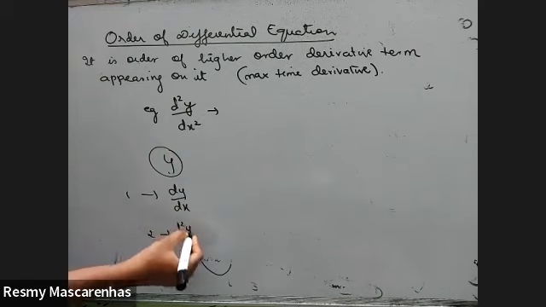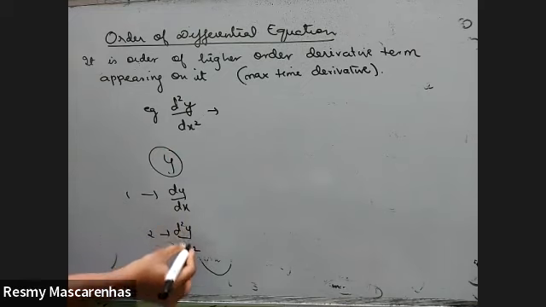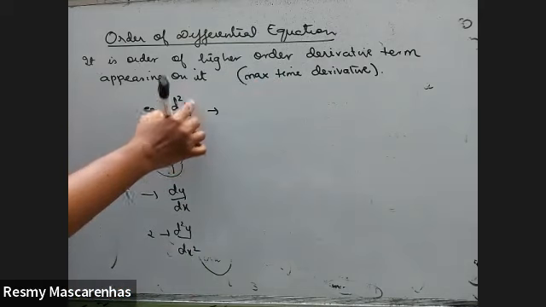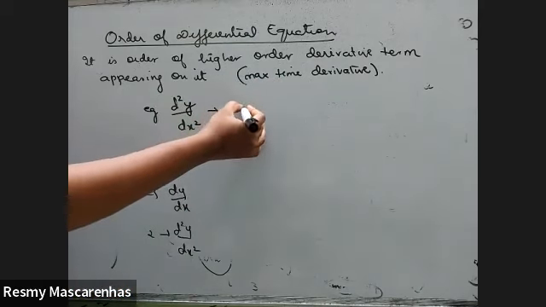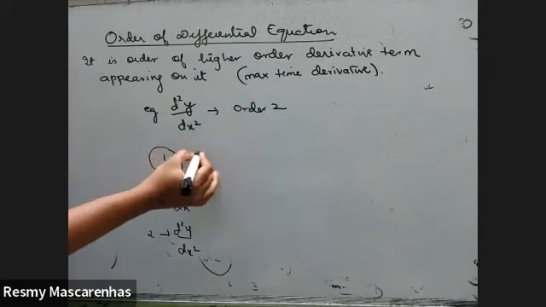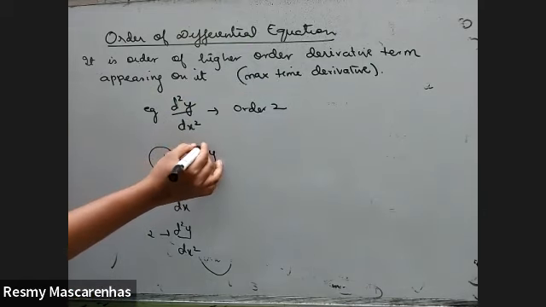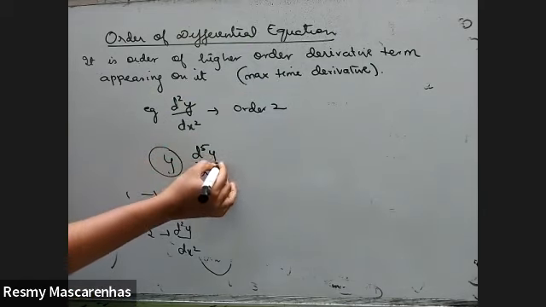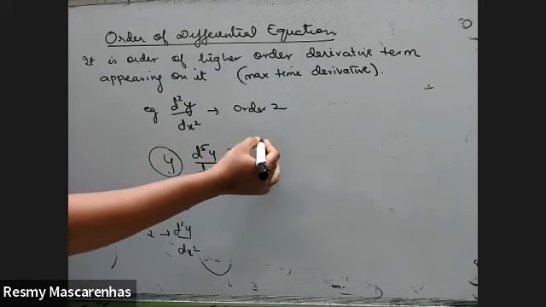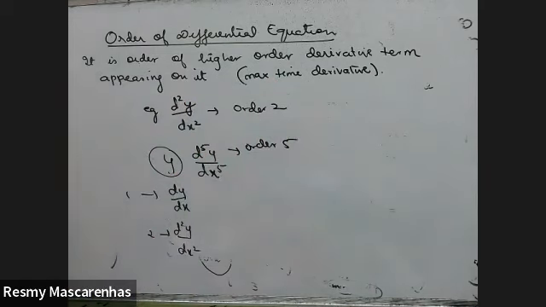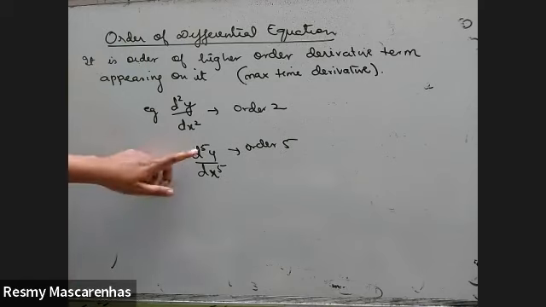When you differentiate it two times, we get this. So looking at the maximum number of times it has been differentiated, the order is 2. Same way, suppose d raised to 5 y upon dx to the 5. So this order will be 5. Whichever number appears on it will be the order.